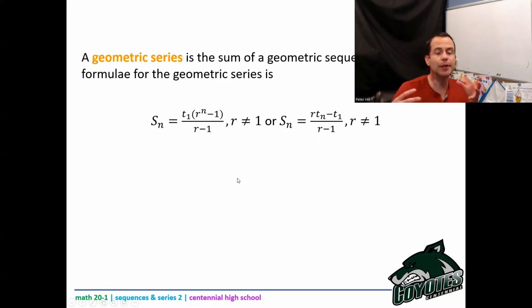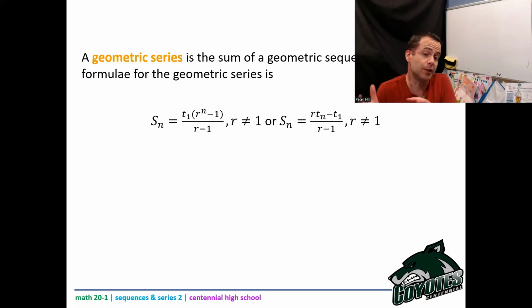As we go through these questions, you end up asking yourself a series of questions. The first thing you're always going to ask yourself is, is this arithmetic or geometric? As soon as you say it's arithmetic, that splits your formulas in half. If you said it was geometric, it splits it to the other half. Then you're going to ask yourself, am I looking for a general term or am I looking for a series?